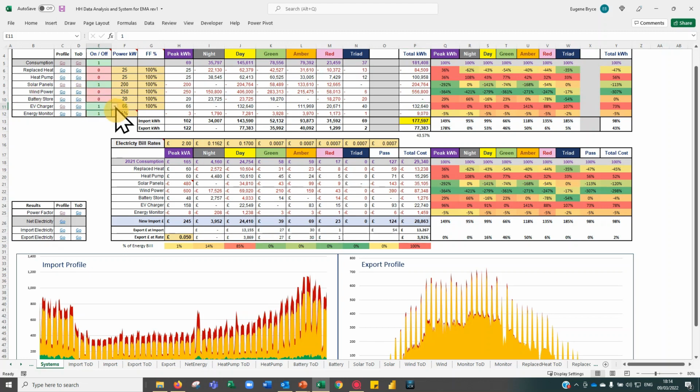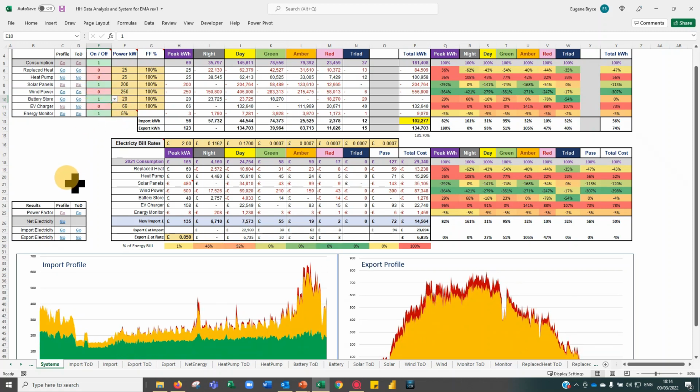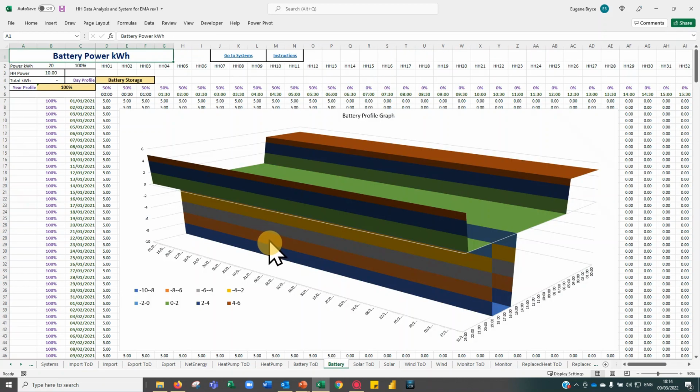So if I get rid of the EV and add the battery storage, very interesting. So I look at the profile, battery store. Bit difficult to see, but effectively what we're doing is we're charging the battery at night, and that's why it's positive, and we're discharging it during the red period, which is negative.